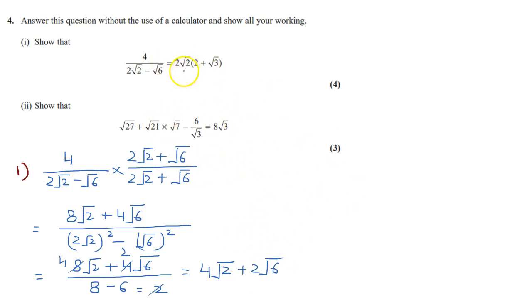We have to prove this. See, if this is root 2 multiply 2 is 4 root 2. This is 4 root 2 and 2 root 6. So now I can write this one as 2 multiply 2 multiply root 2 plus 2 multiply root 2 multiply root 3.